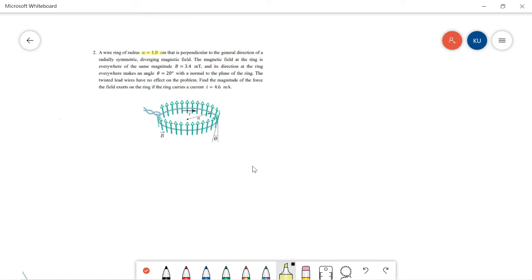The magnetic field at the ring is everywhere of the same magnitude, B equals 3.4 millitesla, and its direction everywhere makes an angle of 20 degrees with the normal plane of the ring. The rest of the problem statement has no effect, so we just ignore this part.